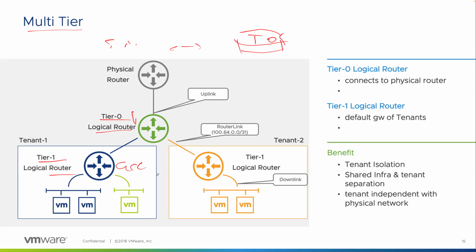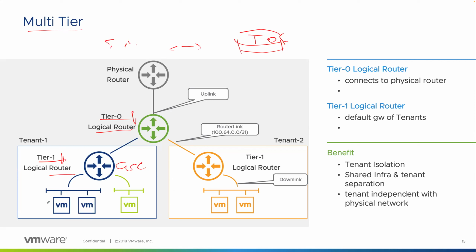Let's say there's a big enterprise and there are so many departments, so we can create an individual tier 1 for every department, or you can say it is a different tenant that each department uses. That's what tier 1 is all about. So there's flexibility for you to create different tenants.